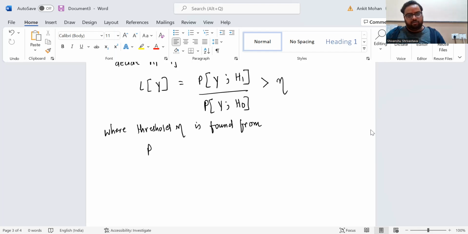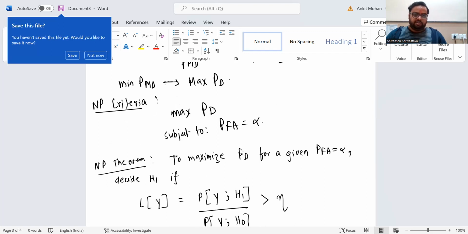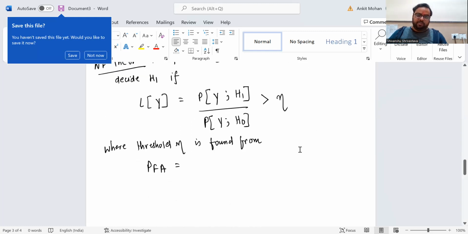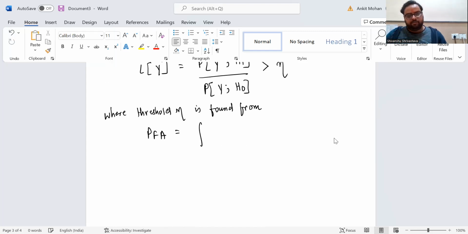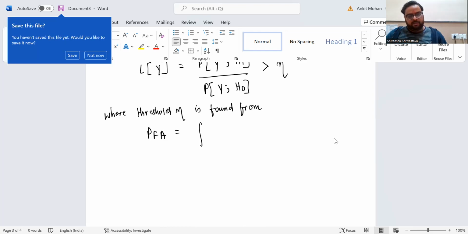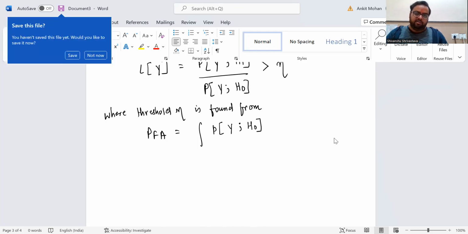How do we find this threshold eta? The essential part is how to find this threshold eta ultimately. When we are trying to maximize this, our objective is to find this threshold eta. The threshold eta is found from the probability of false alarm that we already have. Essentially, this is the probability of the received signal when in actuality S0 was transmitted.